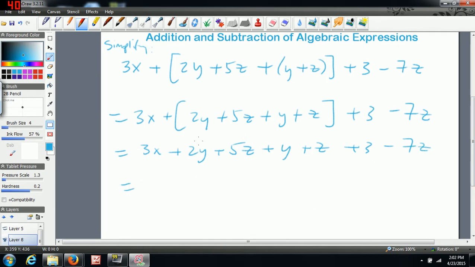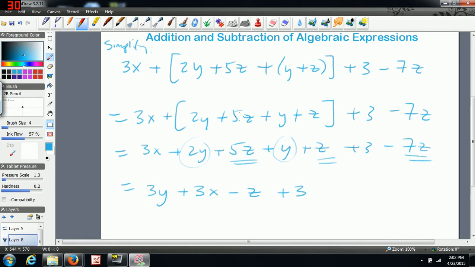Okay. Now at this point, we can start adding like terms. So 2y goes with this, z goes with this, and then 3 is by itself. So 2y plus y is 3y. We have 3x, and then we have 5z plus z, so 6z minus 7z, so that's just minus 1z, and then plus 3.